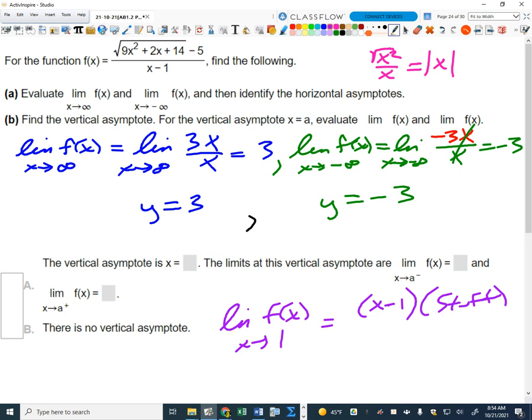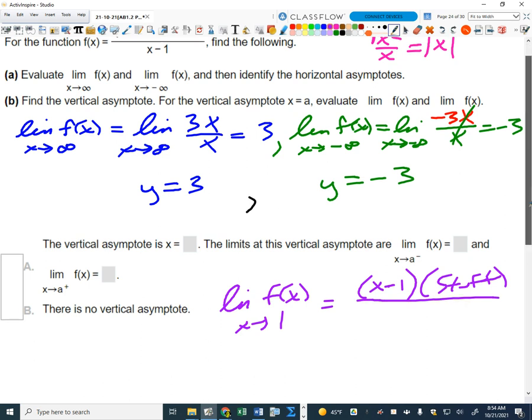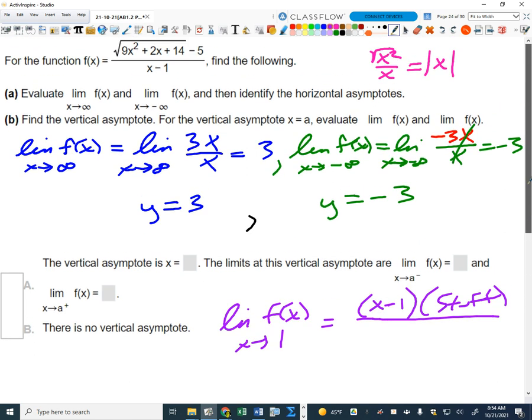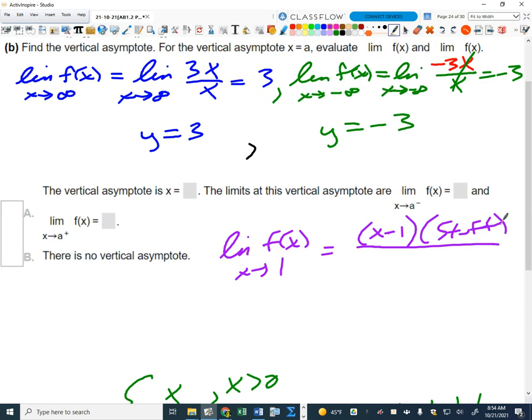Honestly, it might just be an x minus 1 on the top; we don't even know if there's going to be any stuff. On the bottom, we're going to get x minus 1, definitely times some stuff, right?